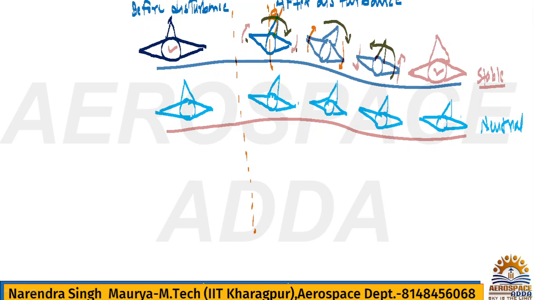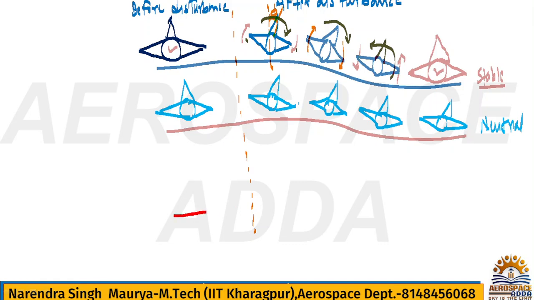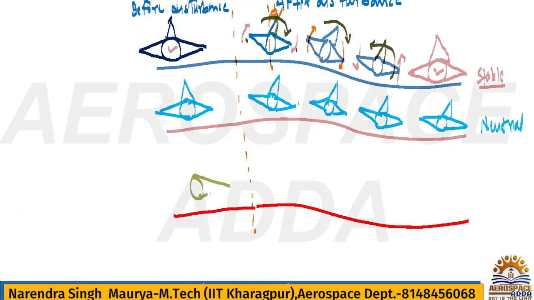This is neutral stable. Okay, the third one we are going to talk about here. Third one: we have the plane here before disturbance. This is the plane before disturbance, the front view of the airplane.